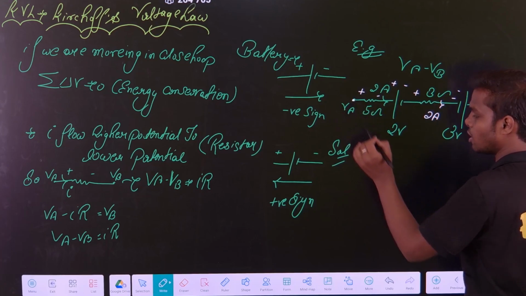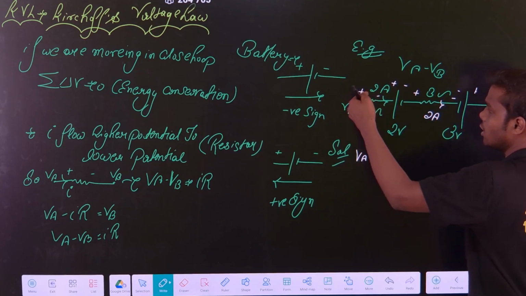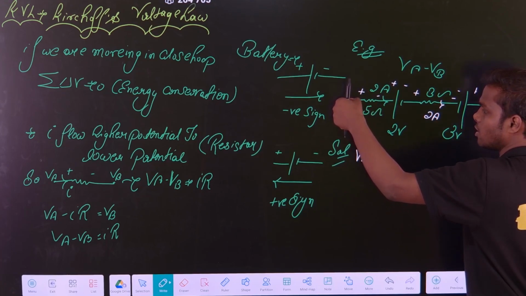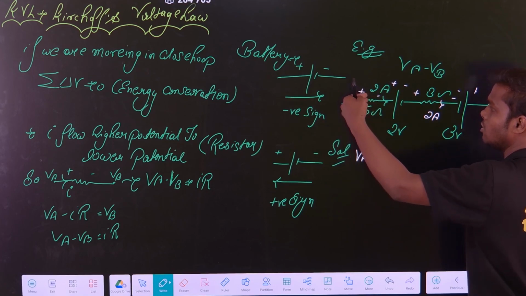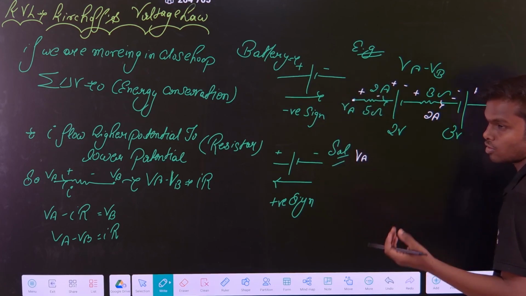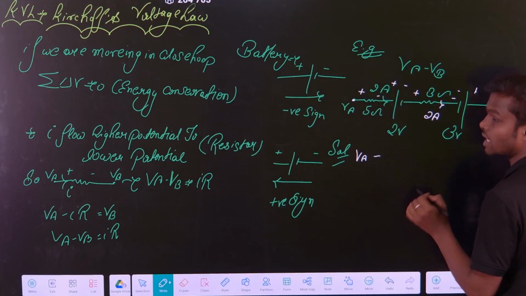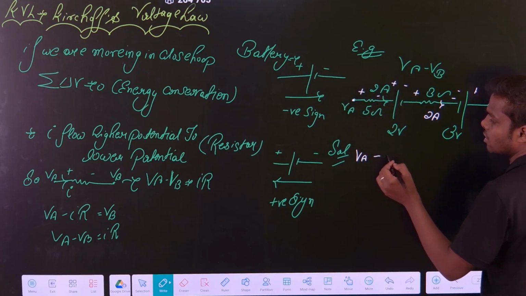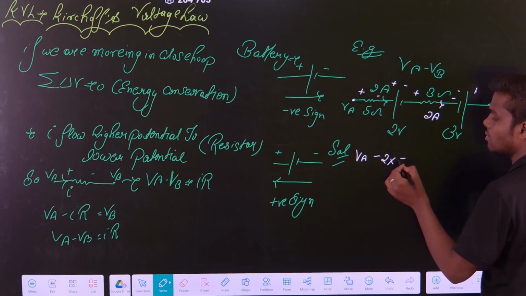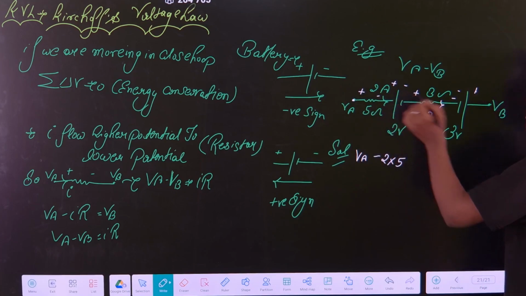This point's potential is VA. You have started from this point. Now you are passing the resistor. What is the potential drop across the resistor? I into R. Now we are going from plus to minus, so minus I into R, correct? Now you come to the battery.